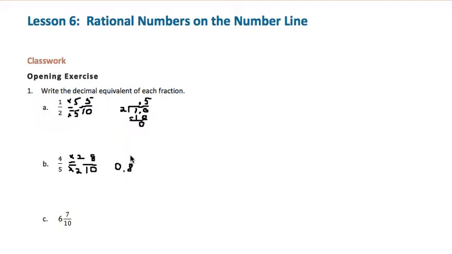If you're a little shaky on your decimal place value, this would be a good time to brush up. The first place value position is the tenths, then the hundredths, and the thousandths, and continuing with that pattern.